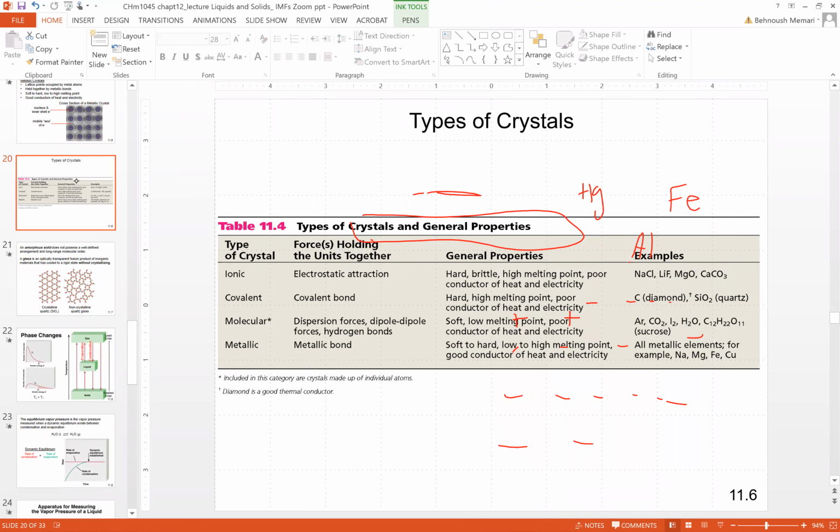This table shows a summary of the different crystals: ionic, covalent, molecular, or metallic, with some examples. You have quartz, SiO2, and diamond. These are very specific, so you don't have to look for other examples. At least you know that diamond and quartz have a very high melting point.